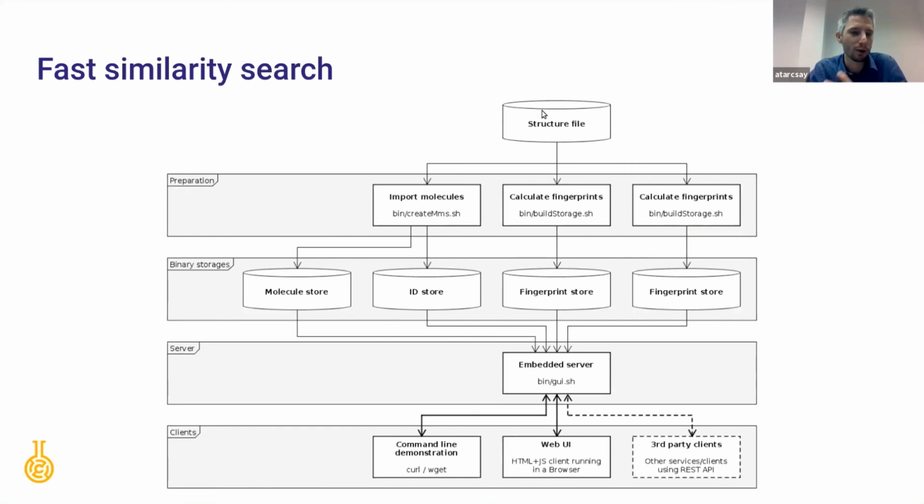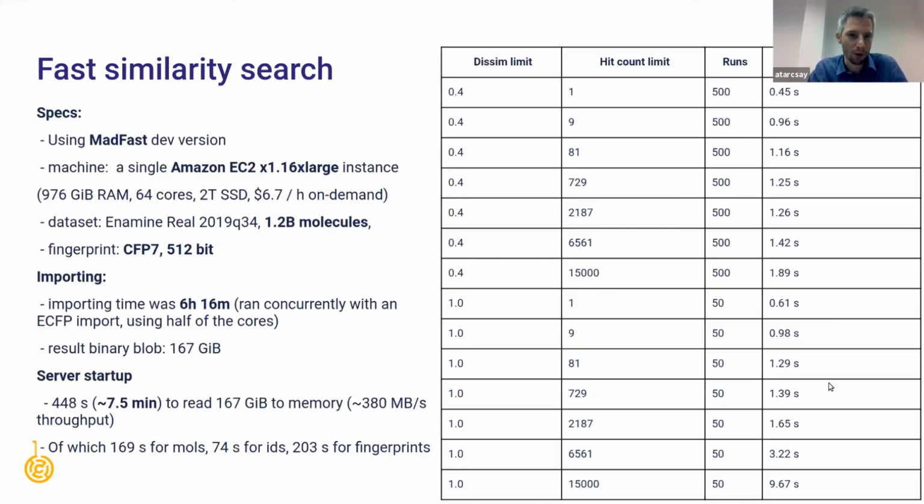So in the ChemAxon MedFast similarity search tool, you have a structure file, you generate the fingerprints, and then load it into a server so that it will be a full in-memory search on fingerprints. And these are just some of our results.